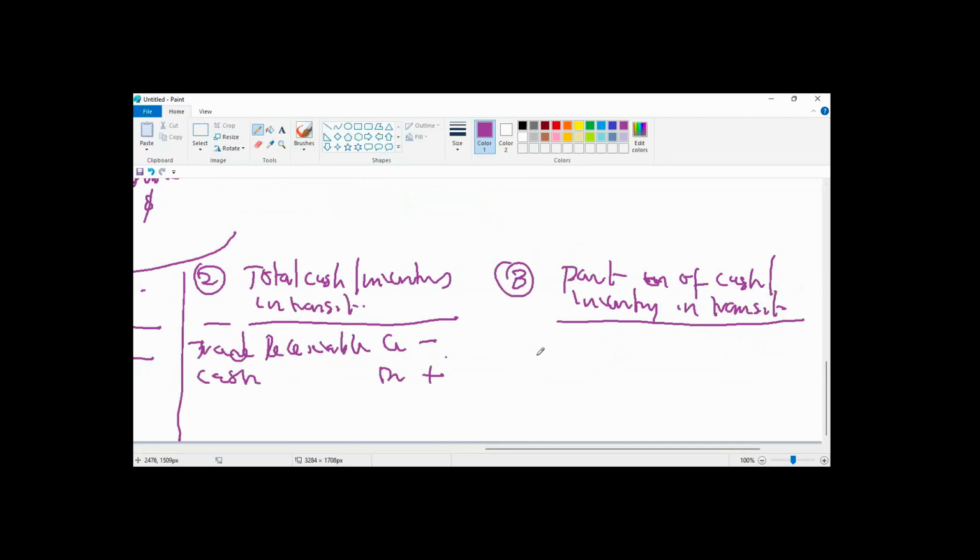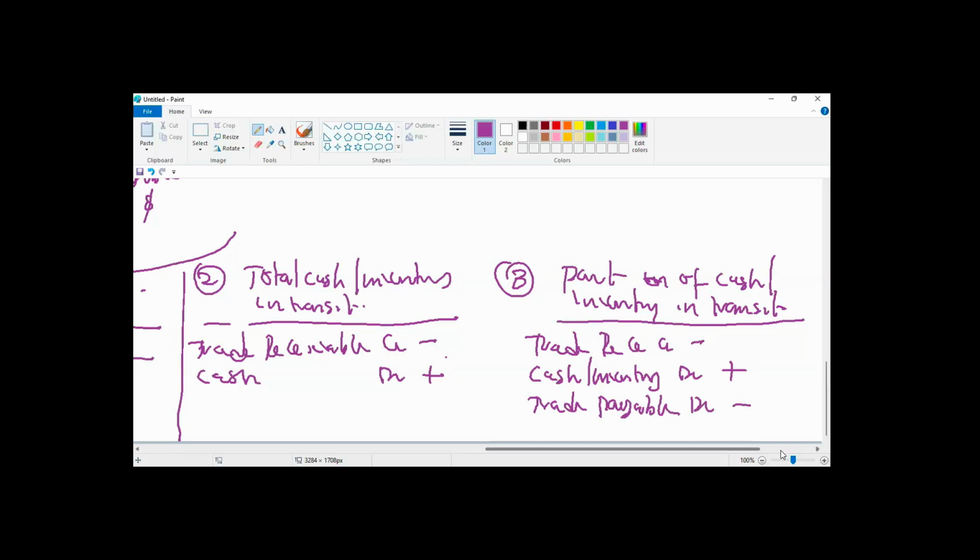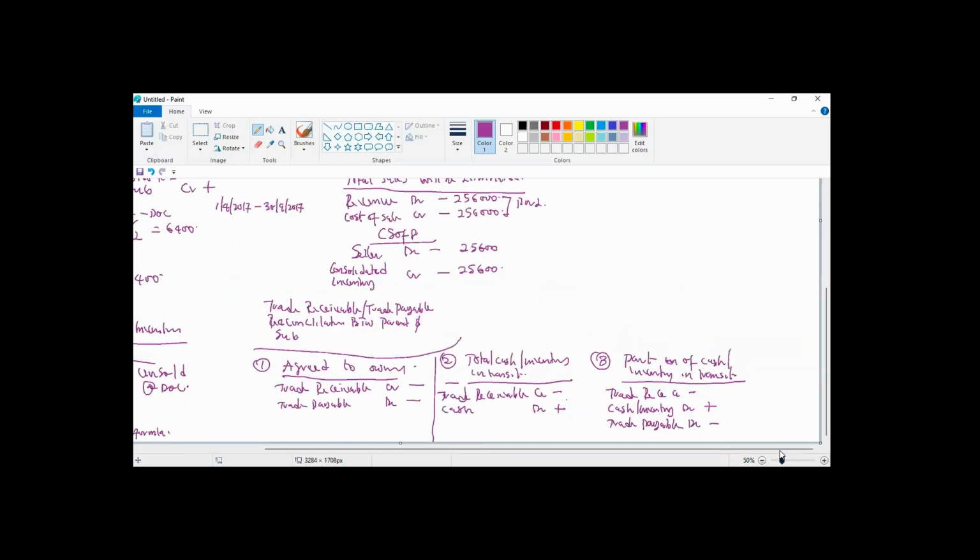I'll say trade receivable, credit. The cash that is in transit slash inventory that is in transit, I will debit. Then trade payable, debit. These are the three ways it can be tested in exam.